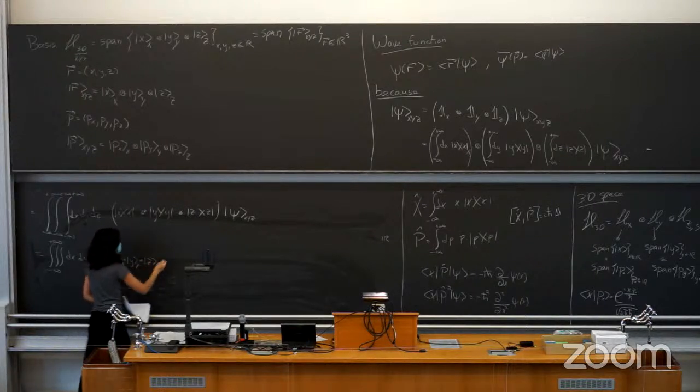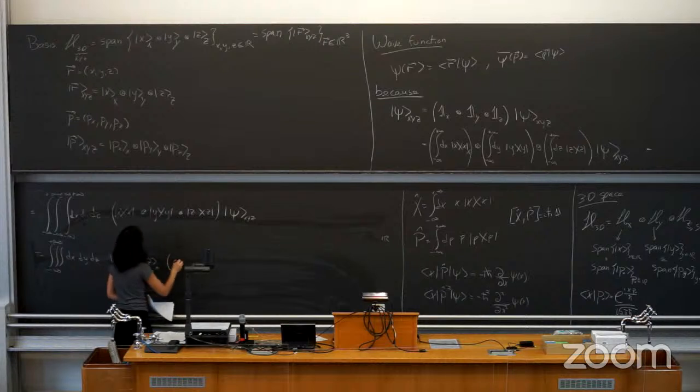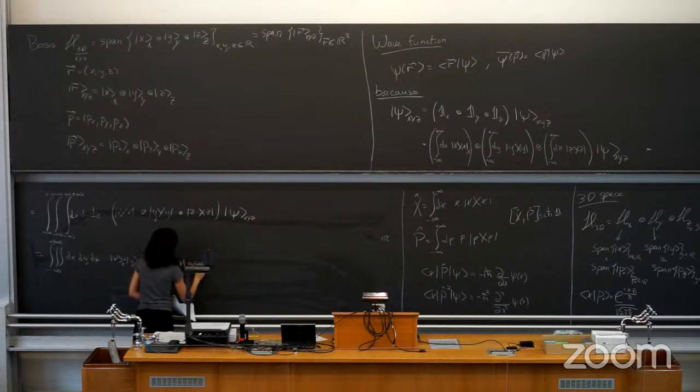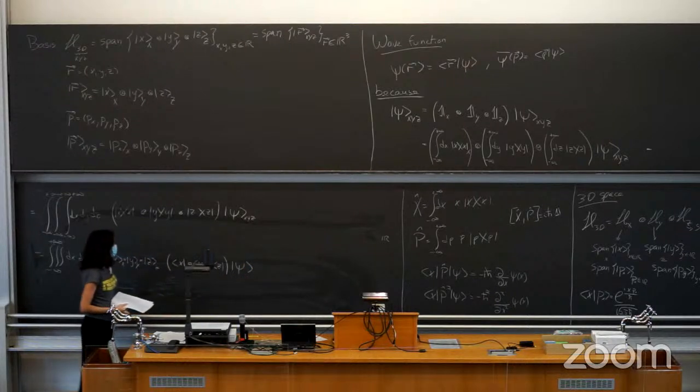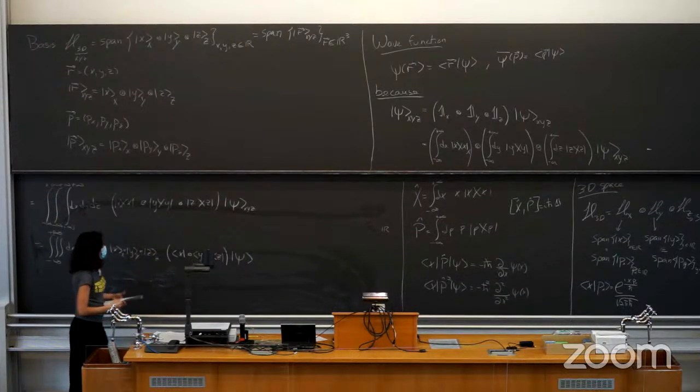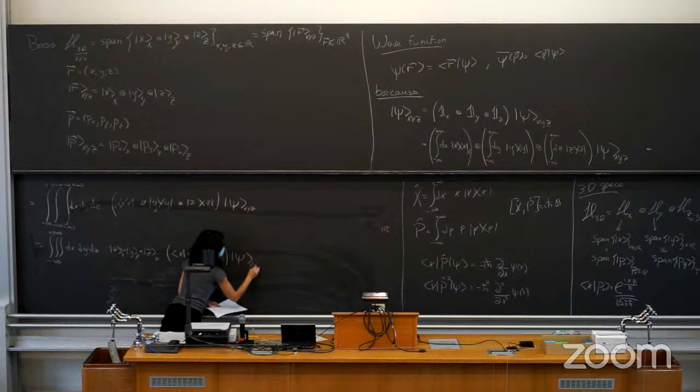And then what we have on the other side is x, y, z. All of this applied on the state. But this I can simplify now. The state is in x, y, z.